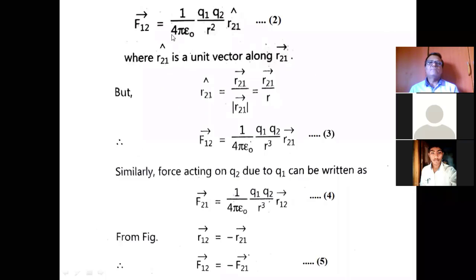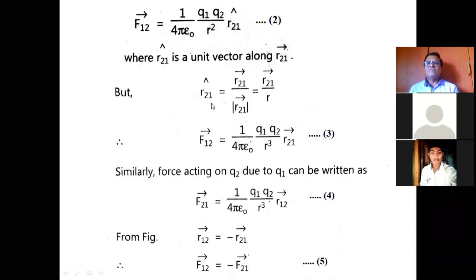Then equation 2 can be written as F12 bar is equal to 1 upon 4 pi epsilon 0 q1 q2 upon r square r21 cap. This is a unit vector in the direction of r21. Note why r21 is taken here: r21 and f12 are in the same direction, where r21 cap is the unit vector along r21 bar. That is most important.